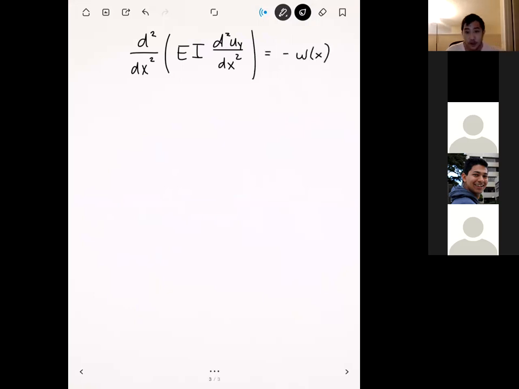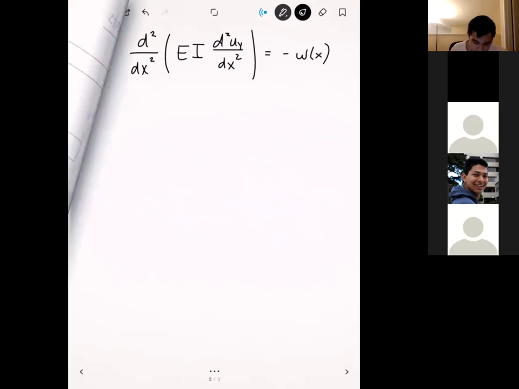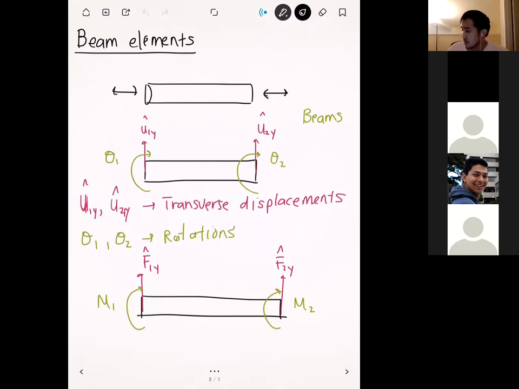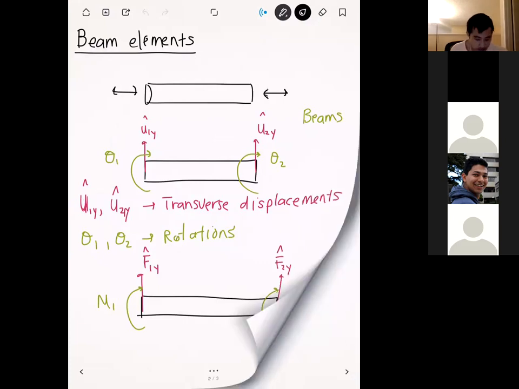To derive the element stiffness matrix, the derivation follows this, and the details are in the notes. But for this class, I think we'll just skip to the end and I'll show you the element stiffness matrix so we can use it in problems. If you're interested in seeing the derivation, it's in the notes.